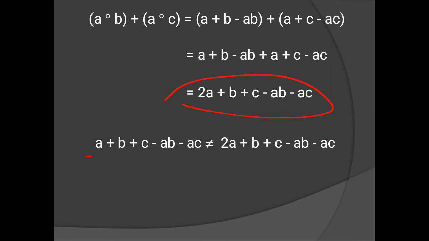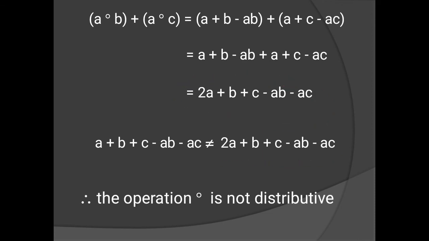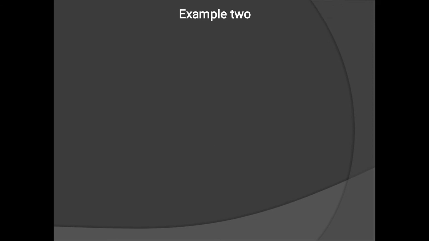So what we had in the first one is not equal to the second one. Since they are not equal, it means the operation is not distributive. All right.